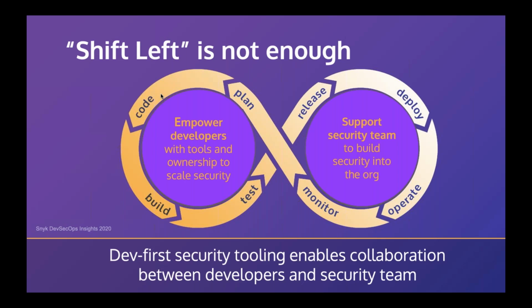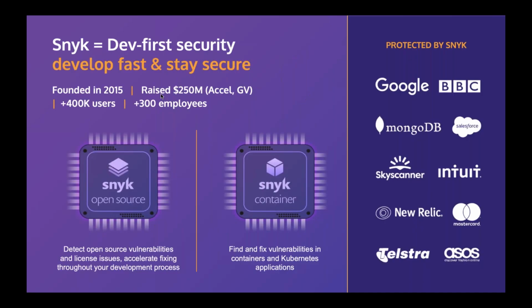Snyk is really about developer first security, focusing on enabling and empowering organizations, developers and security professionals to develop fast while staying secure, not having this contradiction of developing fast and insecurely, or being secure but putting many stop signs in the advancement of development.